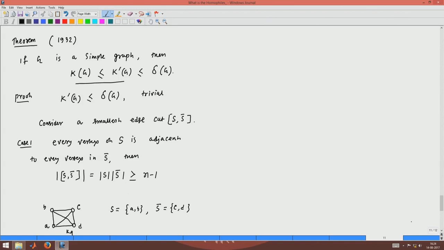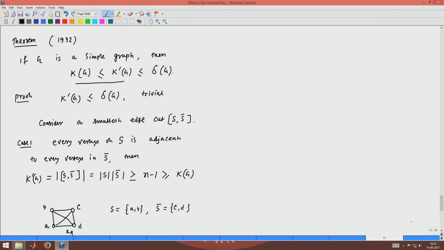So, this number is always greater than or equal to n minus 1, and vertex connectivity is always smaller than this one, because in a graph with n vertices, n minus 1 is the maximum number of vertices you need to remove. So, the vertex connectivity is always at most n minus 1, and this is the minimum edge cut. So, this is k prime g. So, what I have proved is that k prime g, the edge connectivity, is greater than or equal to the vertex connectivity.